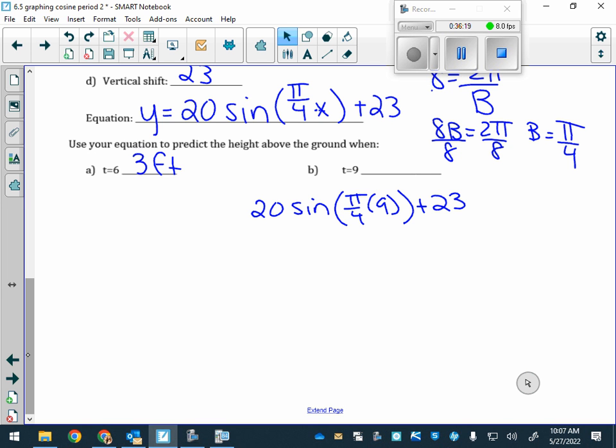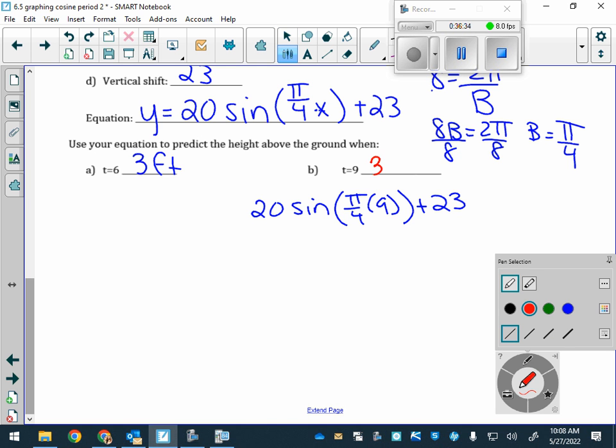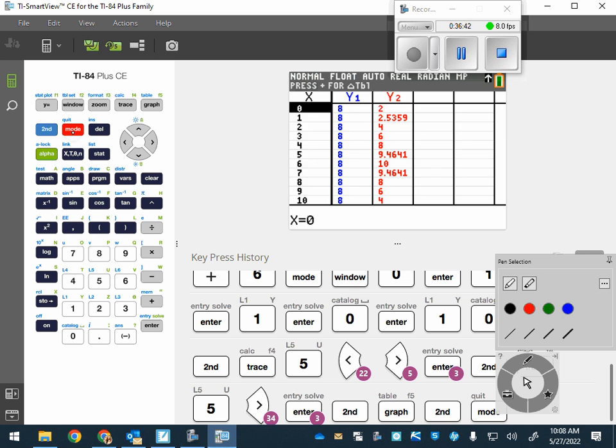Okay. Roughly, what do we get if we round to the nearest whole number? Yeah, Riley. 37? Do we get 37 feet? Yeah, good. Excellent. Absolutely.